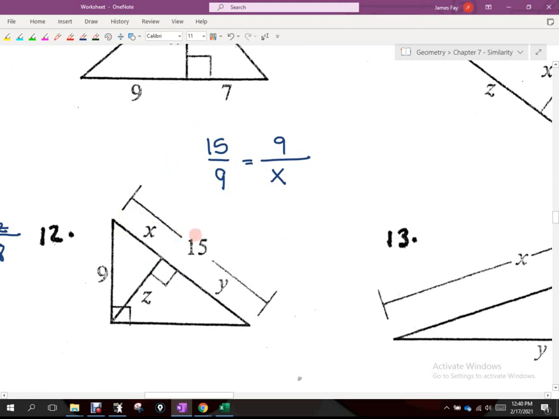So that's going to be 15x equals 81. x equals 81 fifteenths. There's a 3 in both of those, so it gives me 27 fifths. I'm going to leave it as that. Because it's a division by 5, if you change this to a decimal, it'd be like 0.2, 0.4, 0.6, 0.8, something like that.